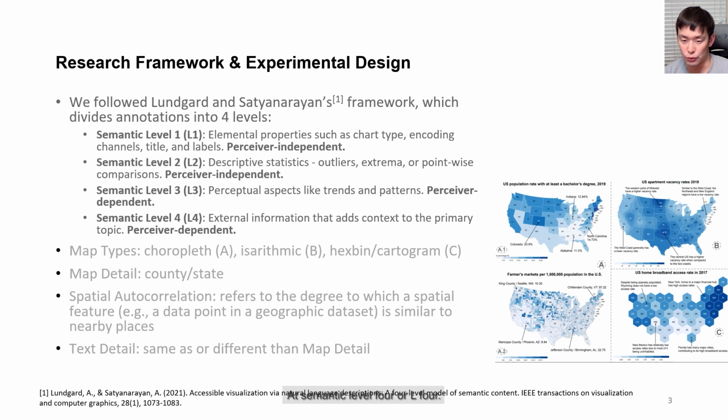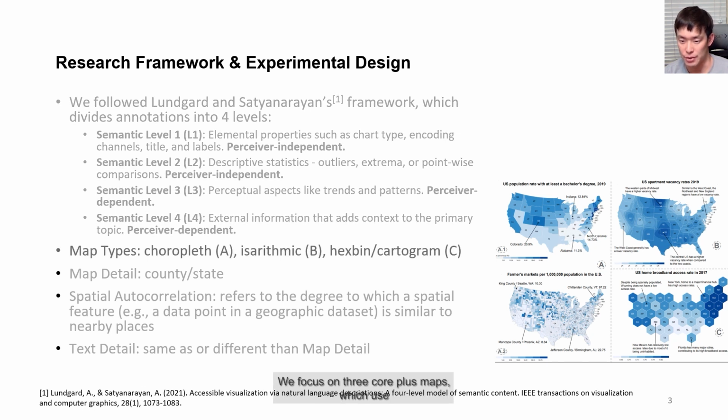At semantic level 4, or L4, we reach the most interpretive layer. Here, annotations are enriched with external information that provides deeper context to the map's primary topic. They are perceiver dependent and invite viewers to understand the data within a broader narrative frame such as socioeconomic or historical context.